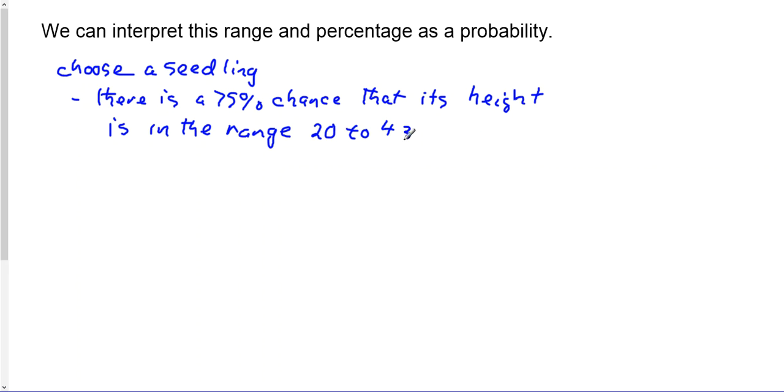Okay. So we can think of this as the percentage of data that it contains, or we can think of this as a probability of finding a given, in this case, seedling with a height that's in that range.